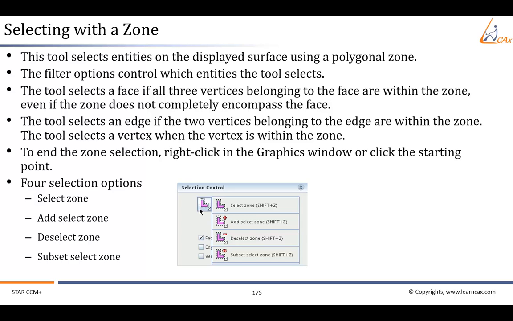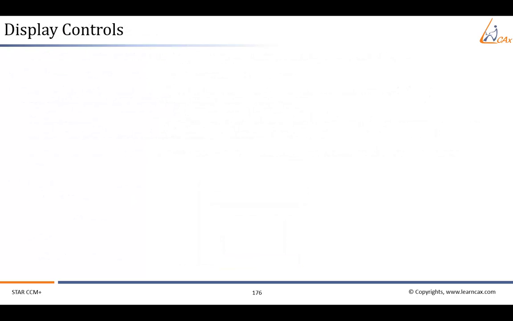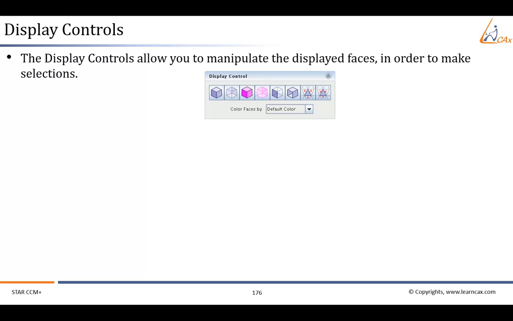Similar to select controls or options, there are also display options. These are useful during repair operations, as you have to control what entities are displayed in order to select them for repair. The display controls allow you to manipulate the displayed faces in order to make selections. At any time during surface repair, you can show or hide all faces at once.